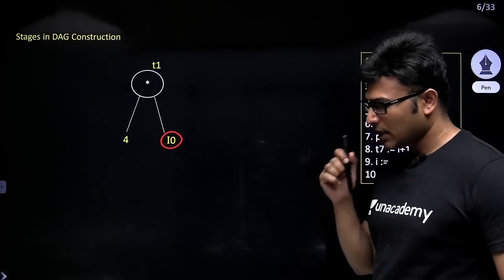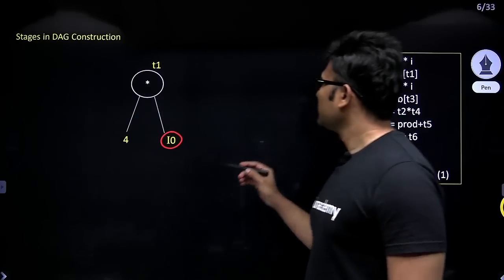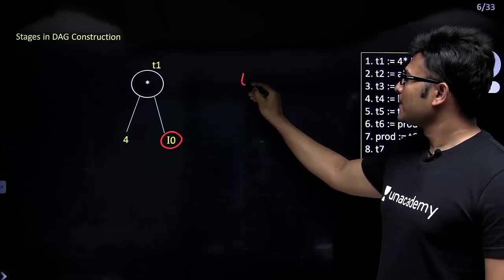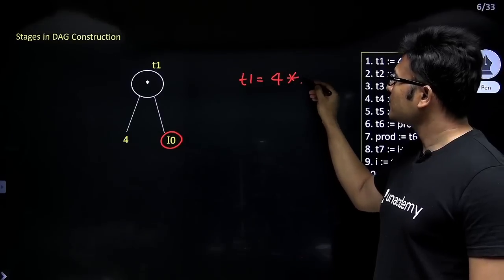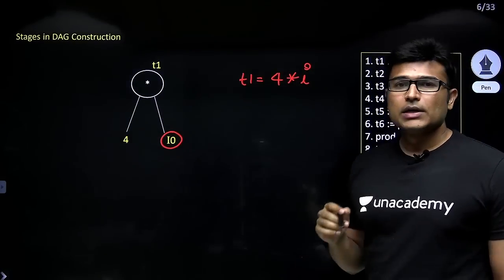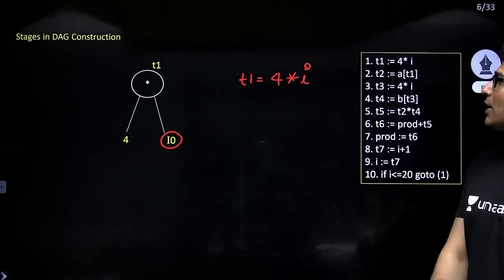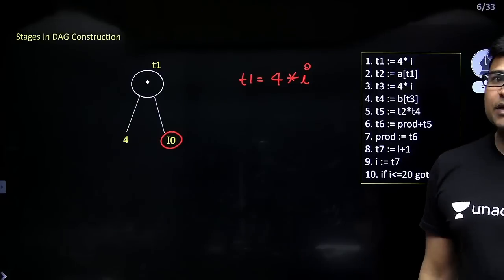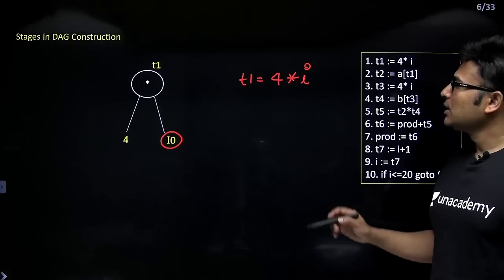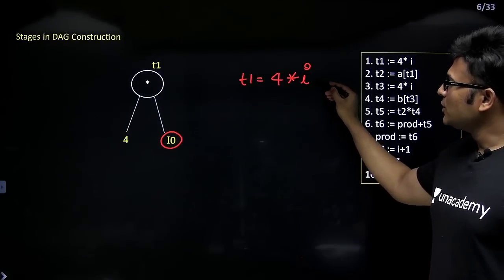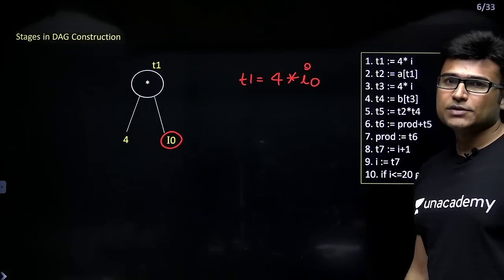Now there is a statement T1 equal to 4 into I. Before we do DAG, what we do is something called static single assignment. Don't worry about the names, the concept is simple. Whenever a variable is used, I will name it as I0 or I1. In compilers we are going to do it.